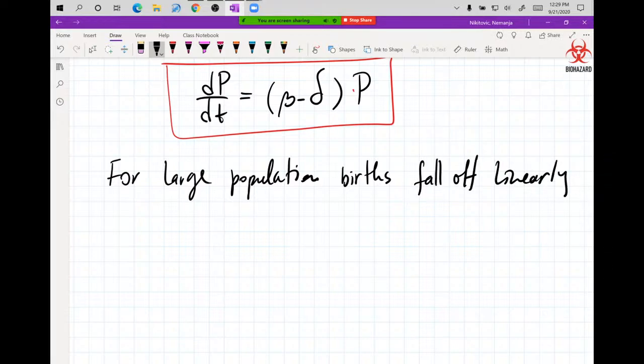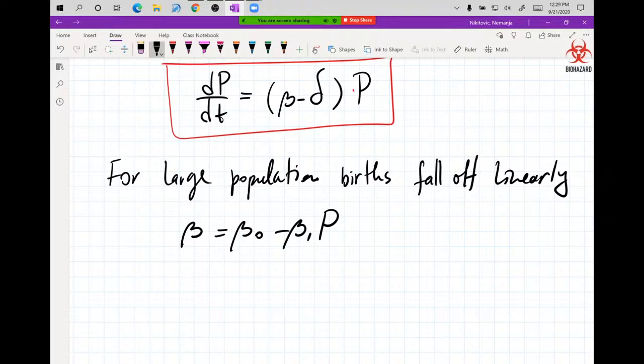You can say that your beta function is some initial number minus the constant at which it falls, with respect to population. So there is the birth rate, and it's going to have some negative slope, so negative beta 1, times the population, which is the number of units involved in producing those births, because it comes from population.